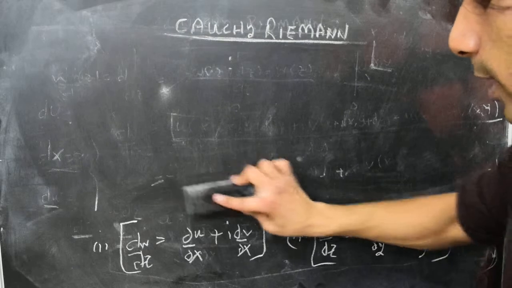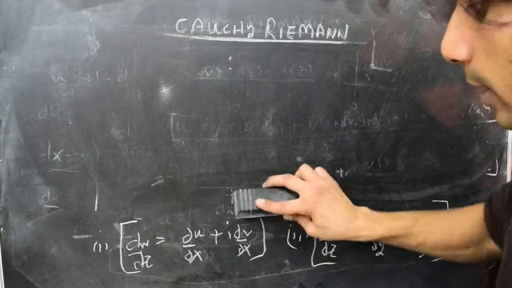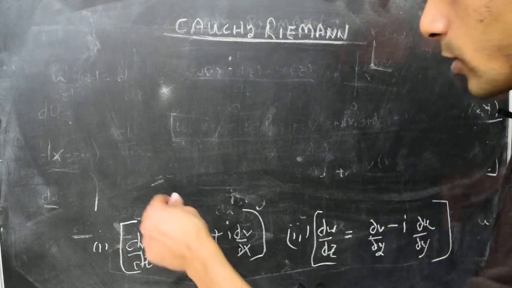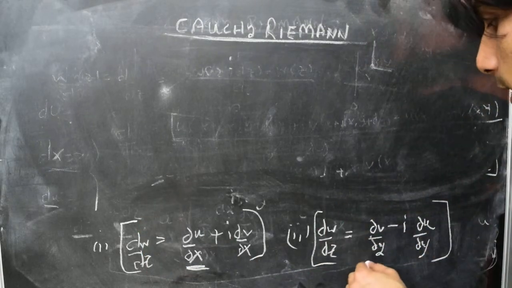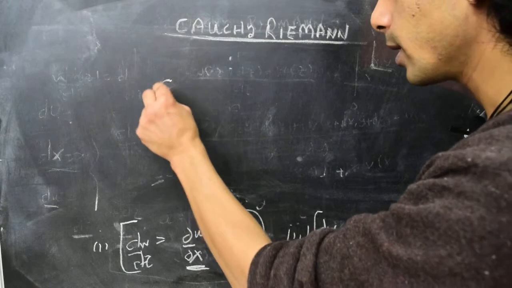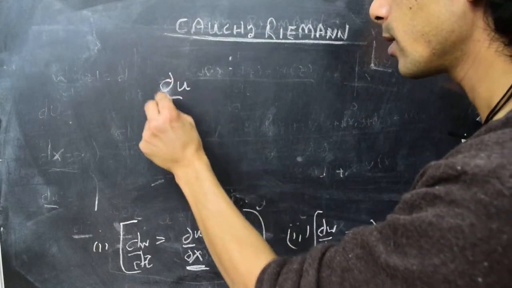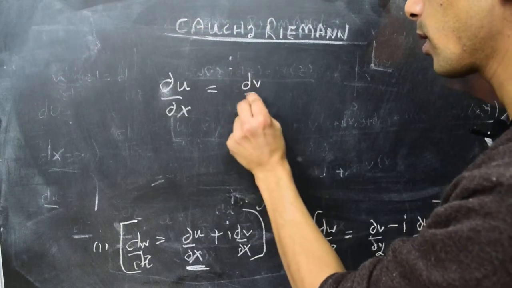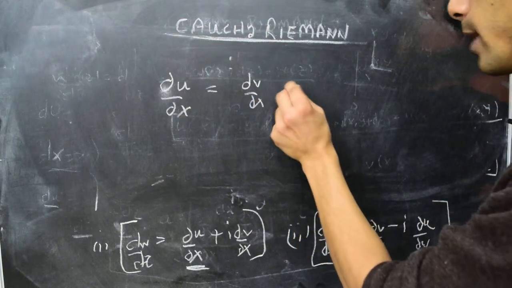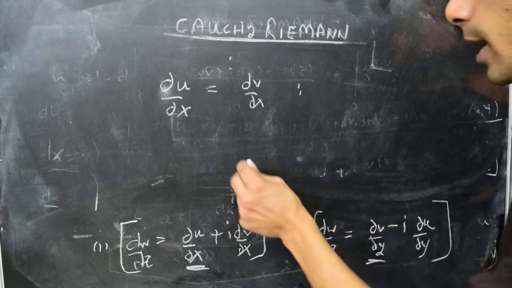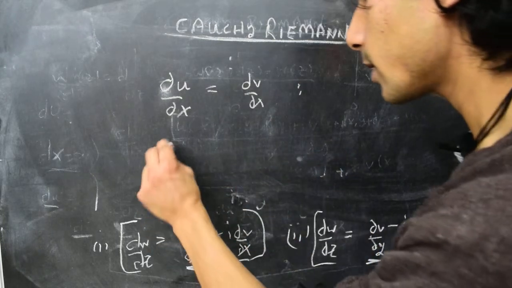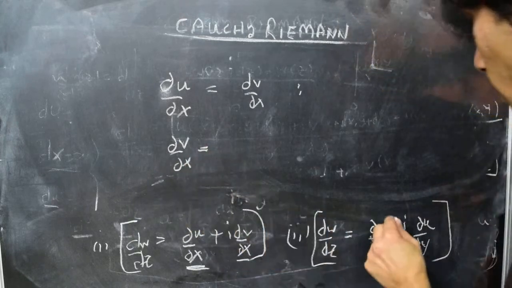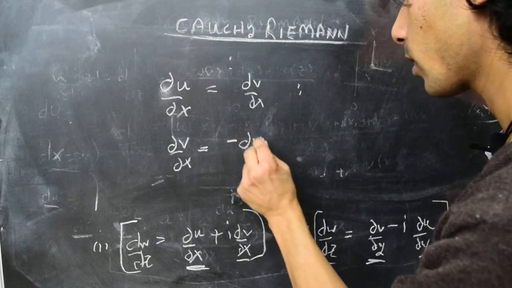But what we find in the end is that we have two different expressions for the derivative, and if a derivative exists, both these expressions must be the same. So if we compare the real and imaginary parts of these expressions, we find that du dx should be equal to dv dy, and the second relation is that dv dx should be equal to minus du dy.